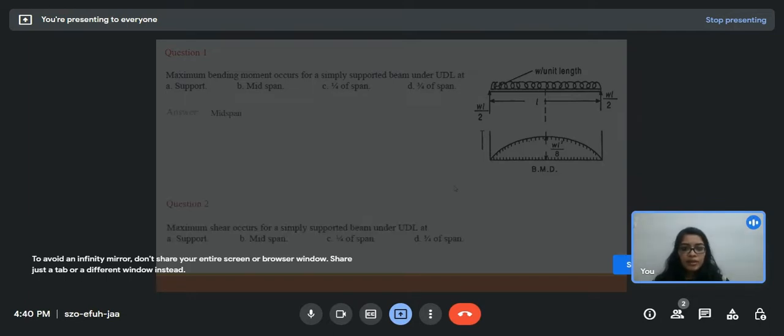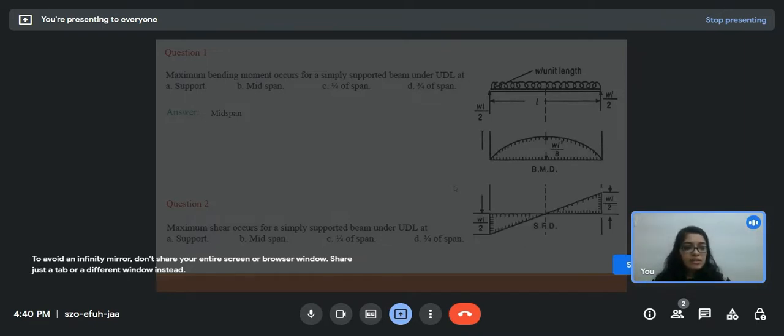Going to question number 2. This is also a very similar question. Where does the maximum shear force occur for a simply supported beam under UDL? In order to find where the maximum shear force occurs, we need to draw the shear force diagram.